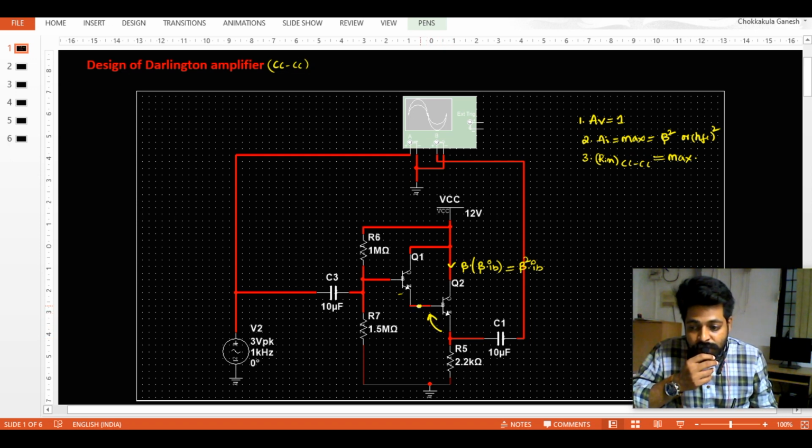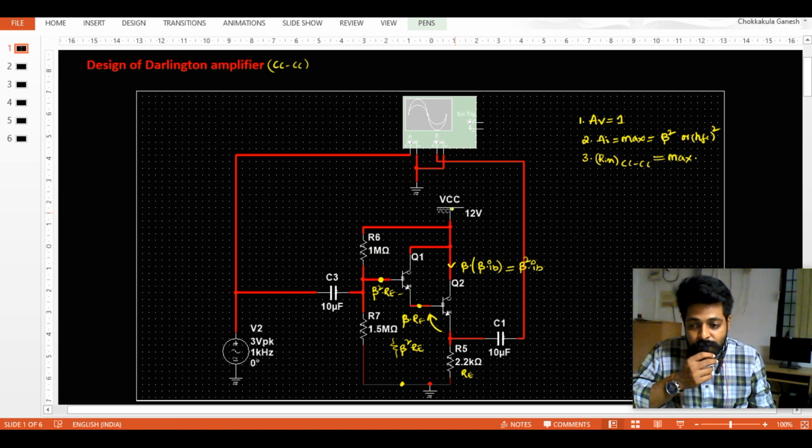So the resistance at this point will be this RE resistance, so here beta times RE. If I bring the same resistance to this one, it is beta whole square times RE. So from this point to ground, I can see a resistance of beta whole square times RE, and from the same point to ground this resistance is also connected, and this resistance also will be connected.